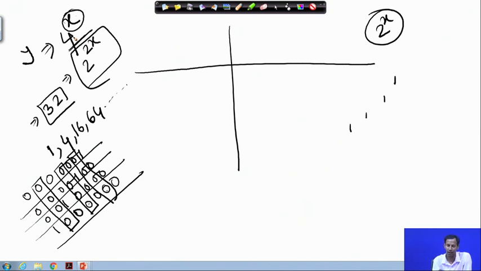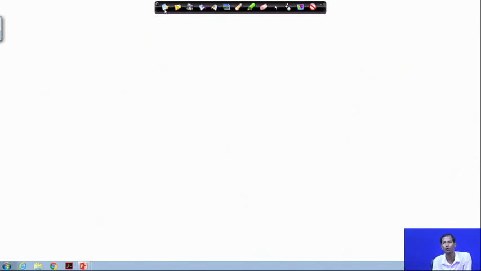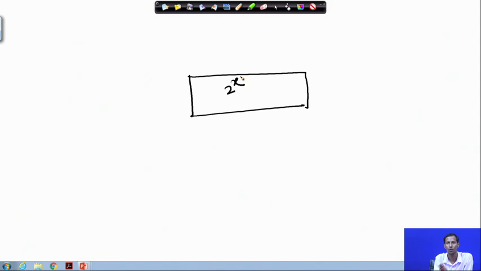So, now from the 2 to the power x circuit, I can easily implement the 4 to the power x function by putting something like this. Suppose this is the 2 to the power x function which I have already implemented earlier.